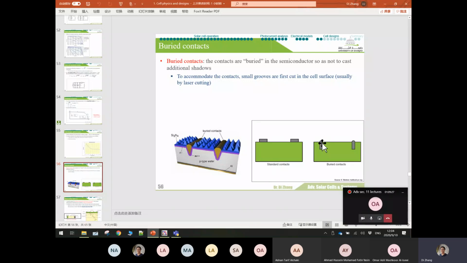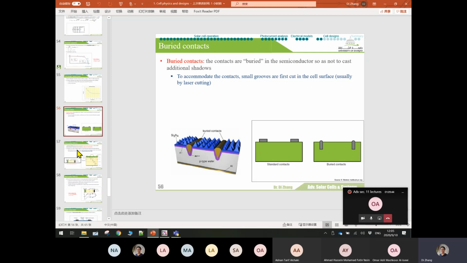So one of the methods to reduce this shading is by using the buried contact design. We can actually bury the contacts into the silicon surface. In this way, we have a minimum height above the silicon, so that the shading losses are going to be reduced.